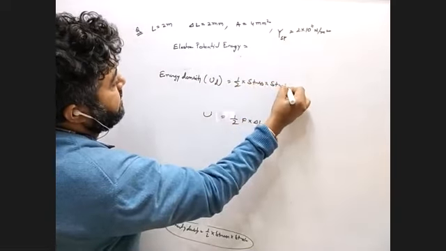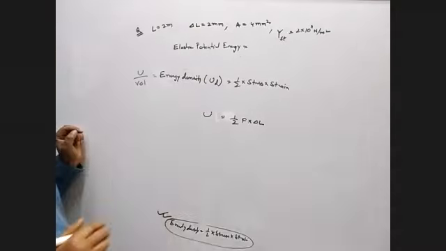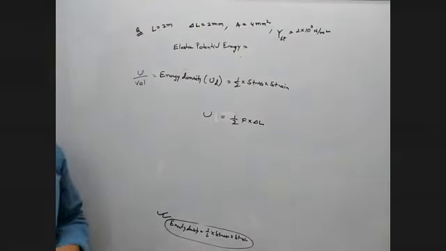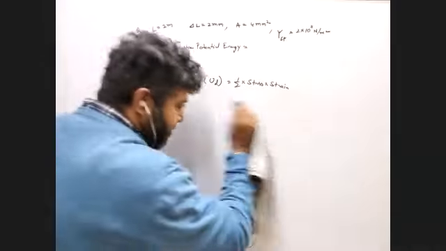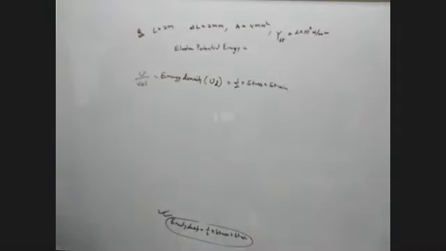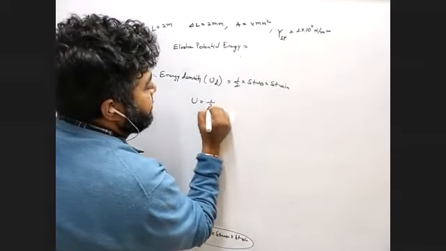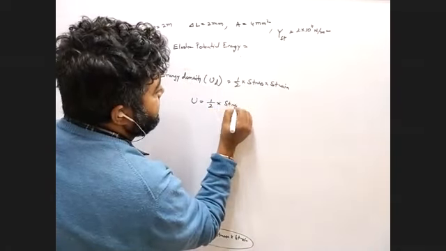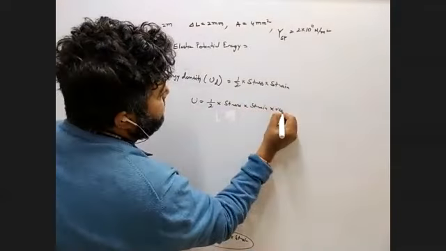And what do you mean by energy density? Energy by volume. So if we need energy, as the force is not given for this question, half into force into elongation is useless. It will be used in another question, but here it is not needed. So what we can use is half into stress into strain into volume. Is it clear?